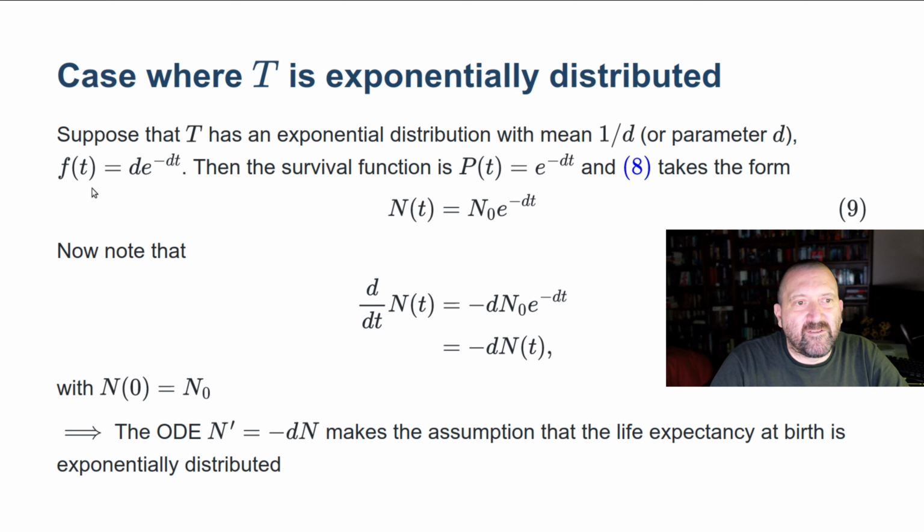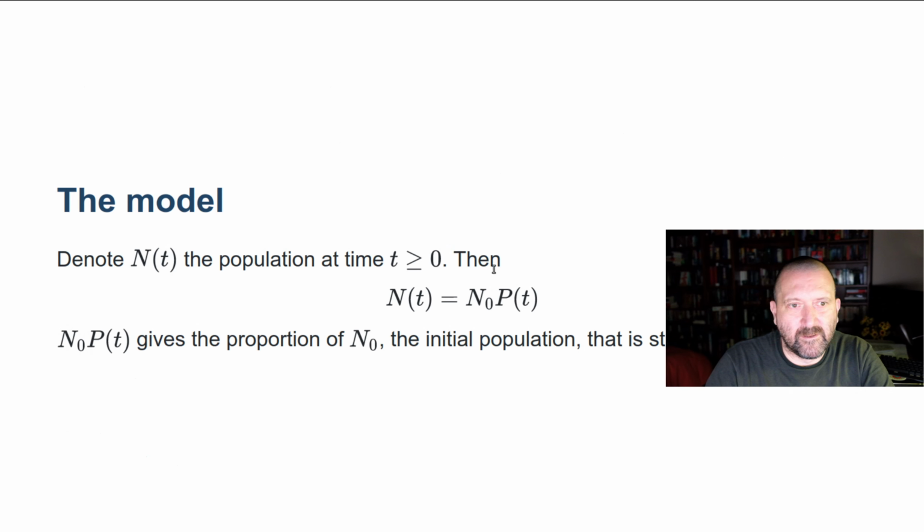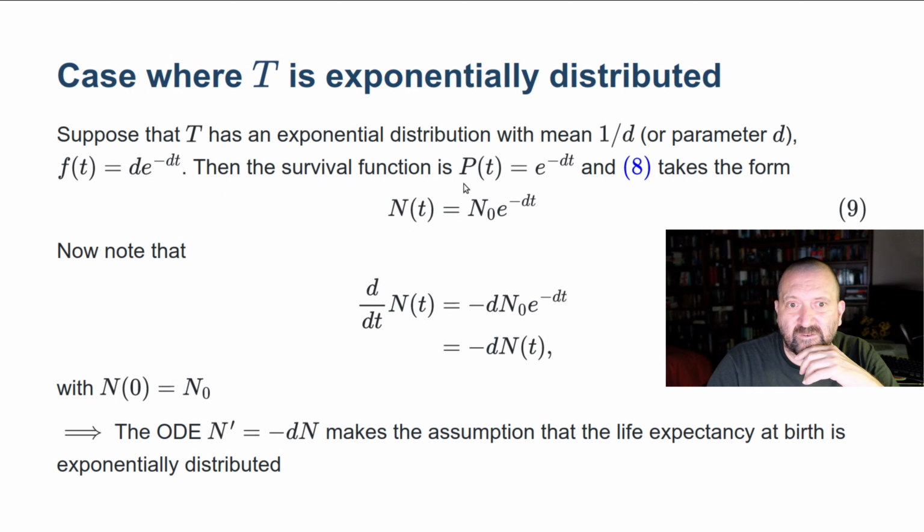This is the function for t non-negative, and for t negative it's equal to 0. Then the survival function is simply e to the minus dt. We saw that formula earlier on. And therefore, if I replace P of t by this survival function in this equation, what I have is this equation.